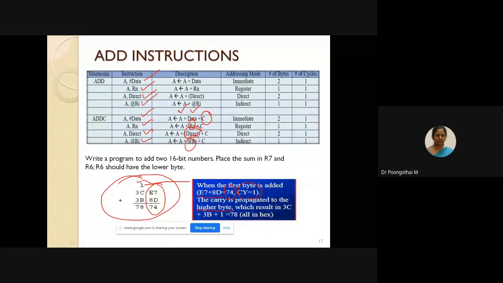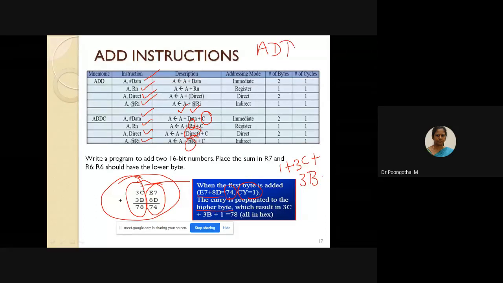Next addition is 1 plus your carry plus 3C plus 3B. First you have to use the add instruction for performing your LSB addition, and for performing your MSB addition, you have to use add with carry. So that is the difference. After the LSB addition, you incorporate the ADDC instruction to perform the higher byte addition.